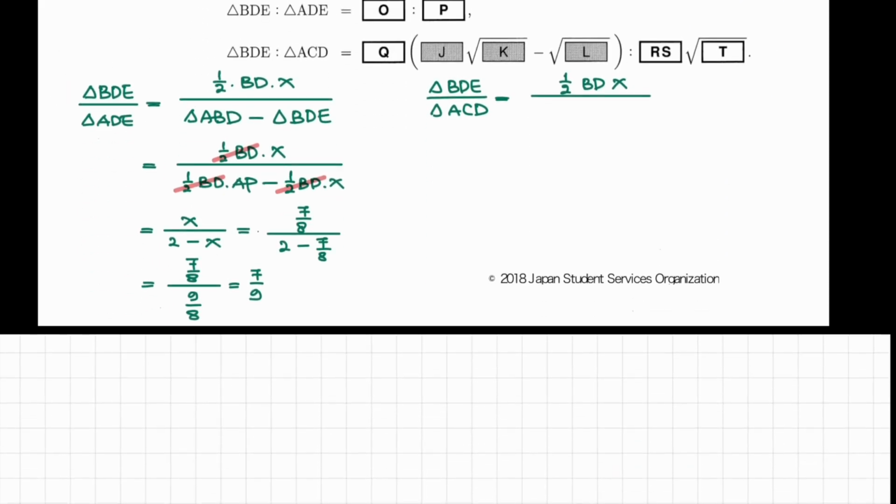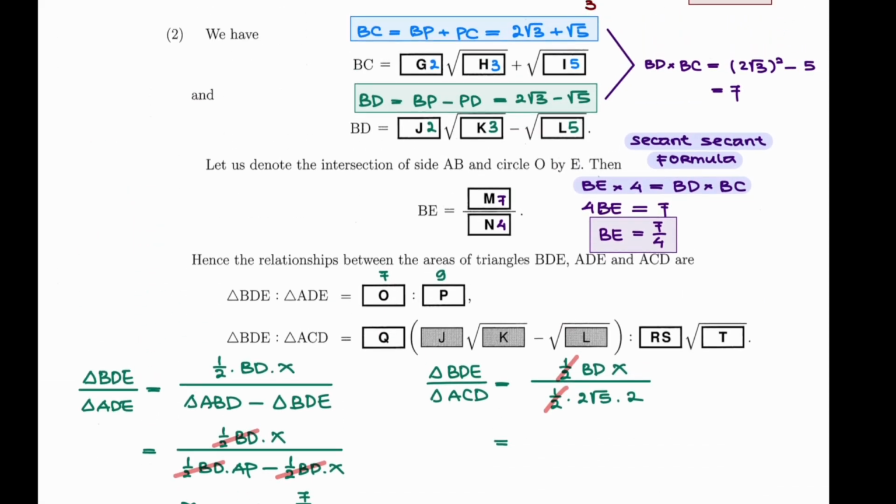So for triangle ACD, I can simply write half times base times height. First of all, I will cancel out half here. So the ratio is BD. If you remember, we already know BD. BD is 2 root 3 minus root 5.